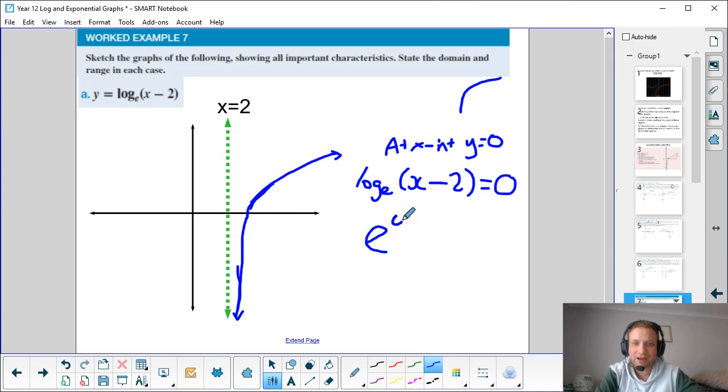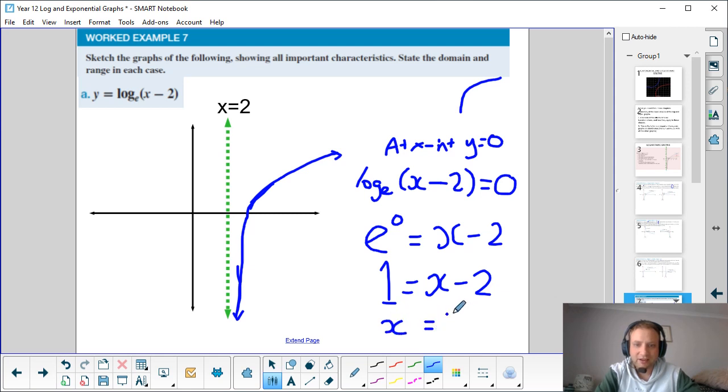I can say that e to the power of 0 equals what's inside my brackets, x take away 2. Okay, then some more prior knowledge is that anything, including the letter e, to the power 0 equals 1. So I've got 1 equals x take 2, which means that when I add the 2 to the other side, x equals 3.